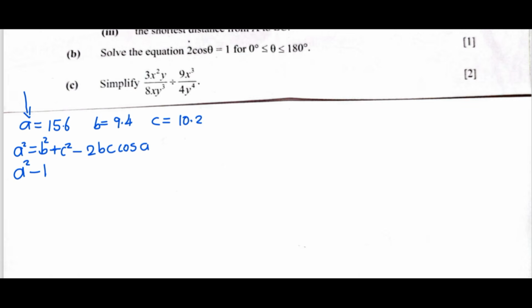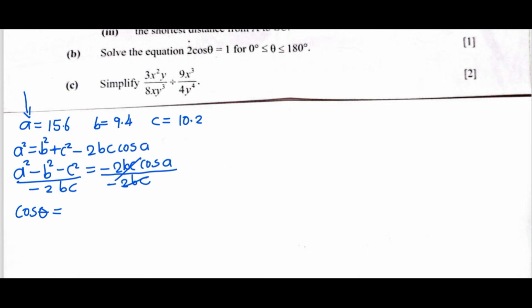So this will give us negative B squared minus C squared is equal to negative 2bc cos A. Then we can divide by negative 2bc on both sides, so that if we cancel, cos theta, let's use theta for now, is equal to negative A squared plus B squared plus C squared over 2bc.